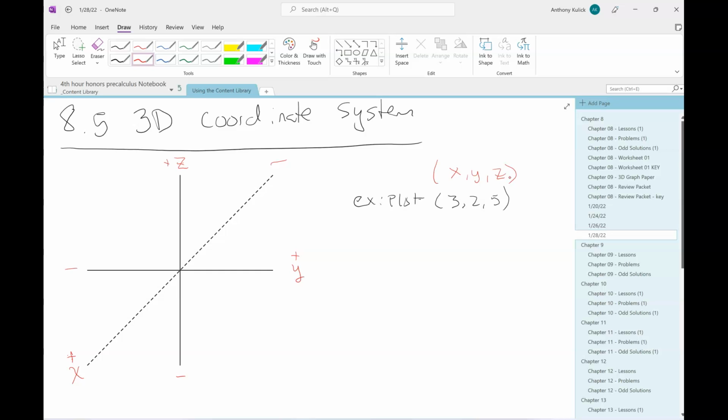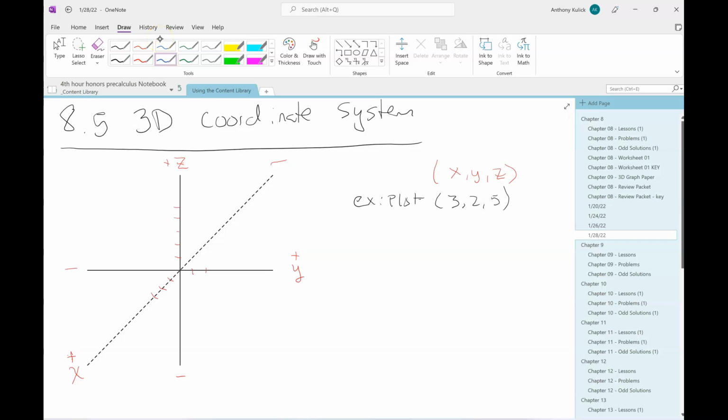All right, so let's talk about how we plot a point in three-dimensional space, because that's not trivial. We'll start by putting some tick marks on our axes. I'm going to have 3 tick marks on the positive x-axis, 2 tick marks on the positive y-axis, and 5 tick marks on the positive z-axis.